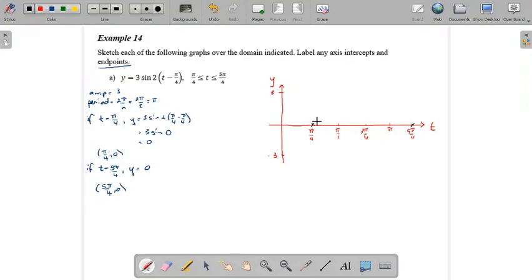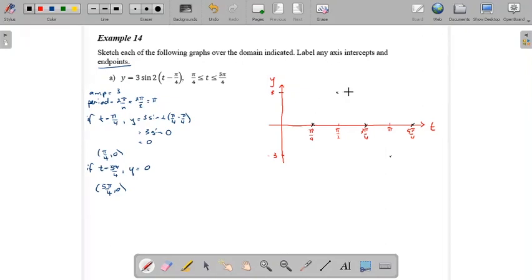So it's starting and finishing on the x-axis or the t-axis, and it's going through one complete cycle. So that means it's going to be passing through here as well. So it's got a t-intercept here at 3 pi on 4. It's going to be at its maximum halfway between these 2 points, which is at pi on 2. So we can put a mark there, and it's going to reach its minimum value halfway between these 2 points, which is at pi.